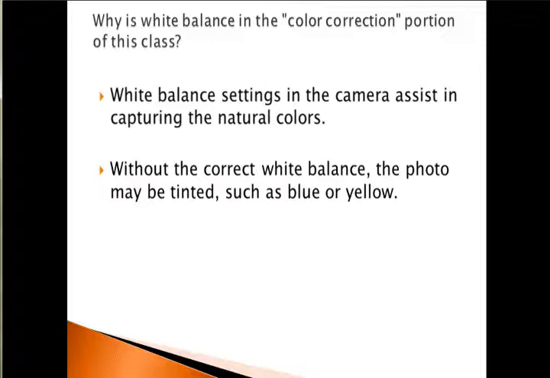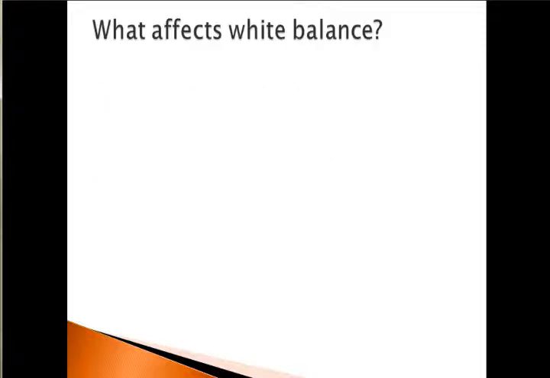Maybe you're at a wedding and they have a nice red carpet down the middle of the church and all of your photos are tinted red, or you have a nice room with blue walls and your mom's face is tinted blue. I'm sure you've seen these type of photos. This is because the white balance is wrong in your camera.